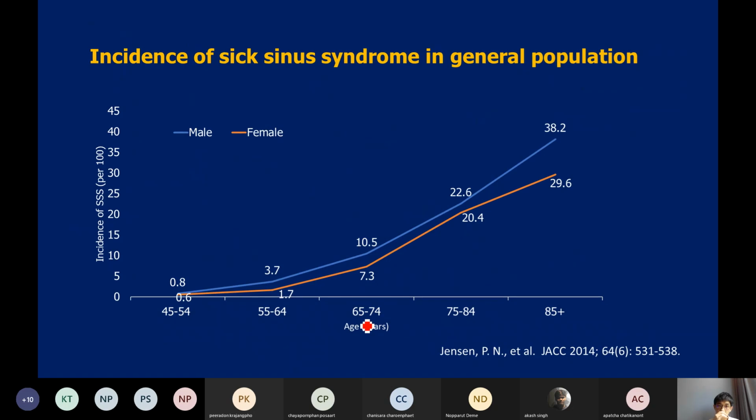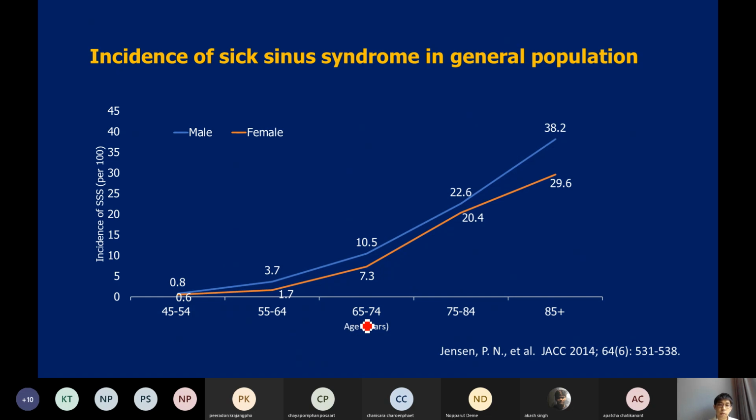Okay, now we are going to talk about the incidence and the importance of diseases caused by abnormality of the conduction system. The first one is sick sinus syndrome, or abnormality of the SA node.